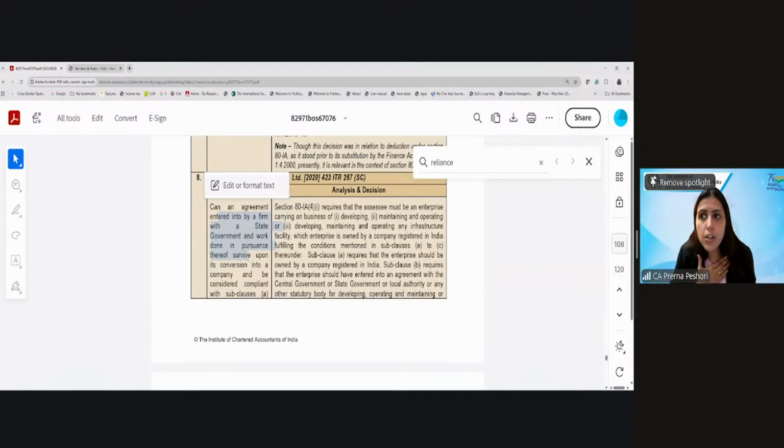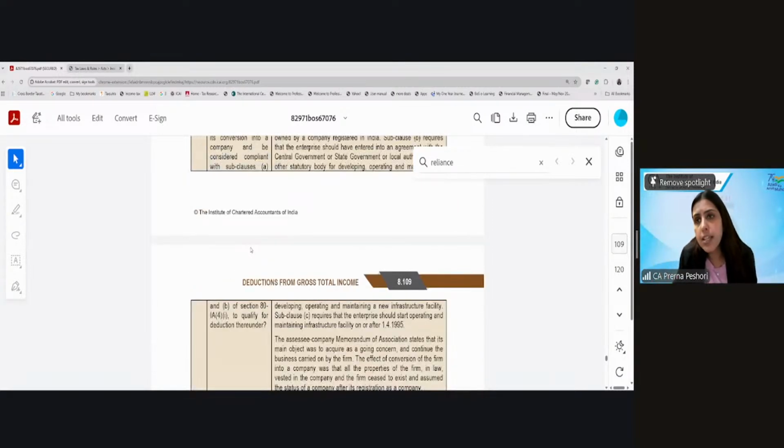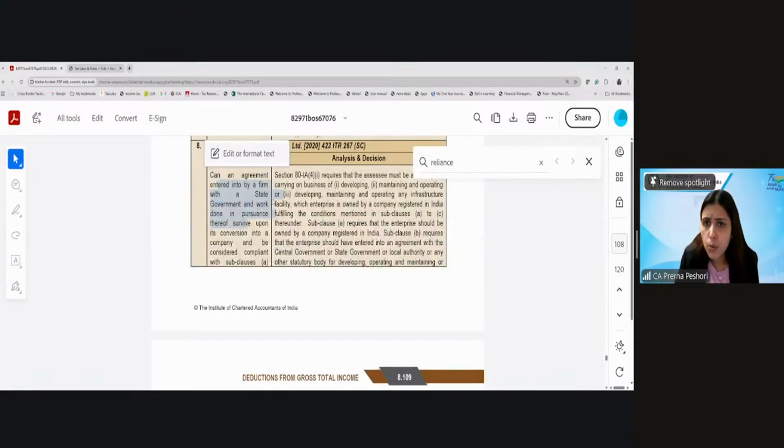So the firm has entered into an agreement, not a company. 80IA is available to a company. But now the firm has got converted into a company, and will it be considered as a deduction under 80IA? So what the Supreme Court noted is that the enterprise is to be owned by a company registered in India.